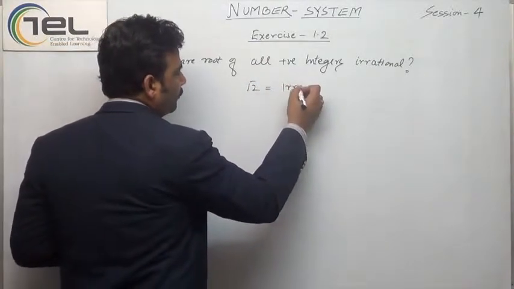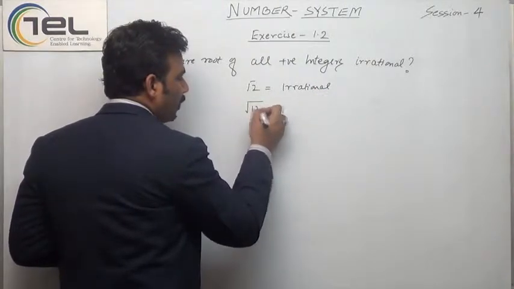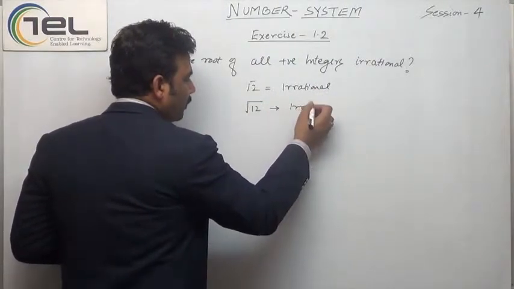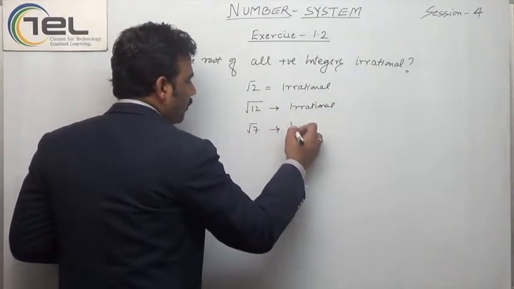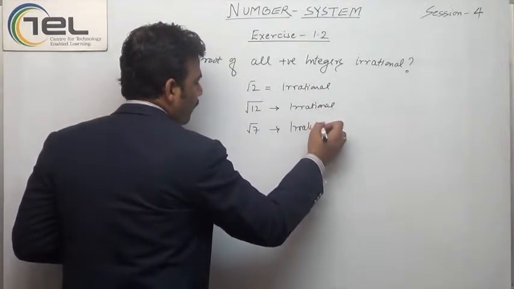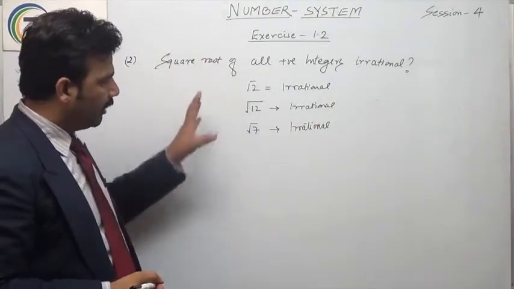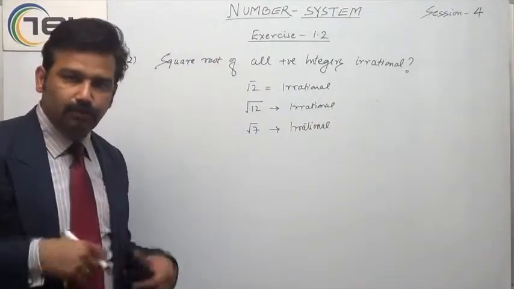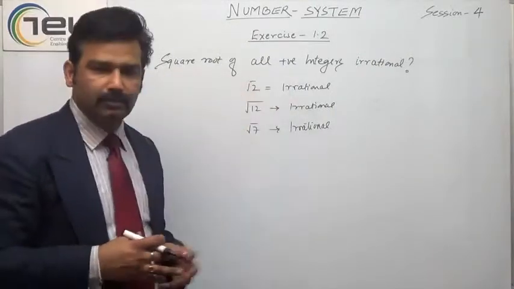It is irrational. Square root of 12, irrational. Square root of 7, irrational. All are positive and all are irrational, so a student will say, yeah, it is true.